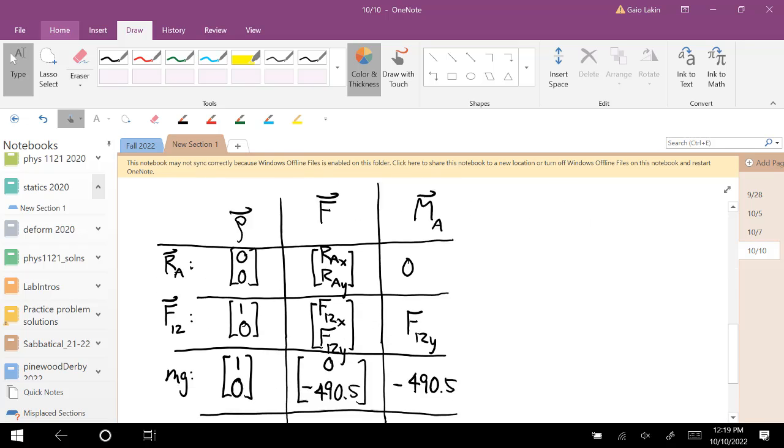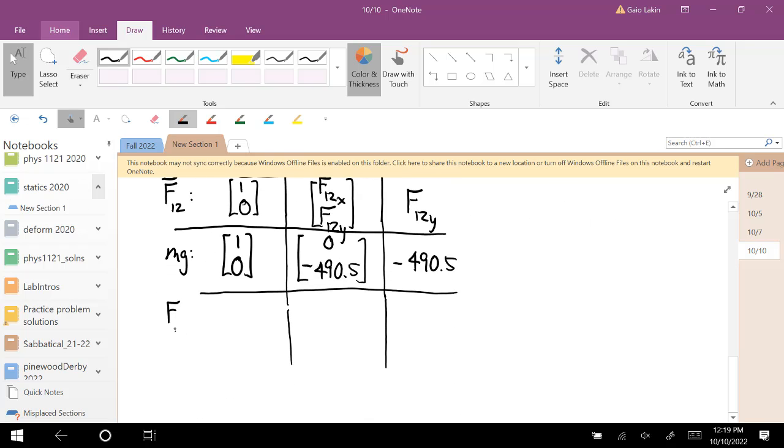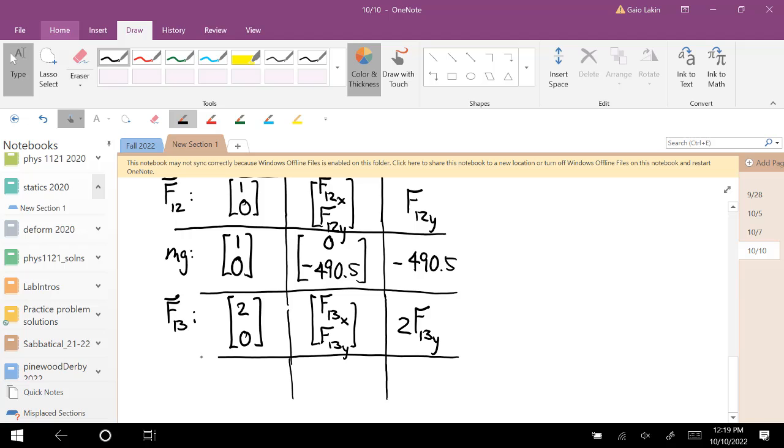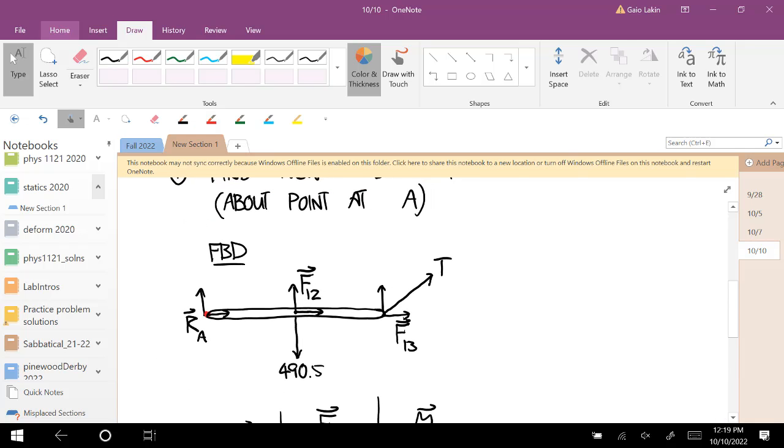And then there's the force F13. The row vector is 2, 0. The force vector is F13X, F13Y. Cross product is 2F13Y. And then the last force is the cable. That's at that same point, so row vector is 2, 0. We need to come up with components for this cable force.